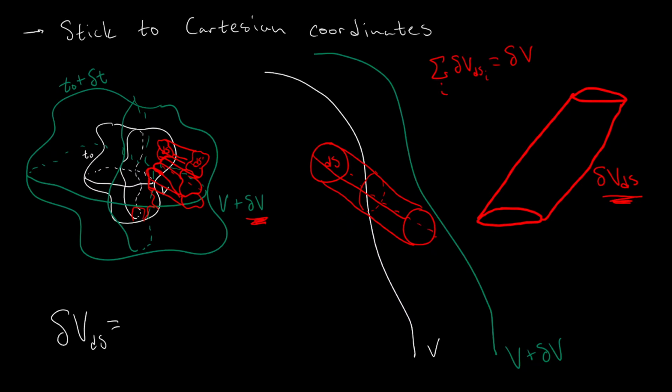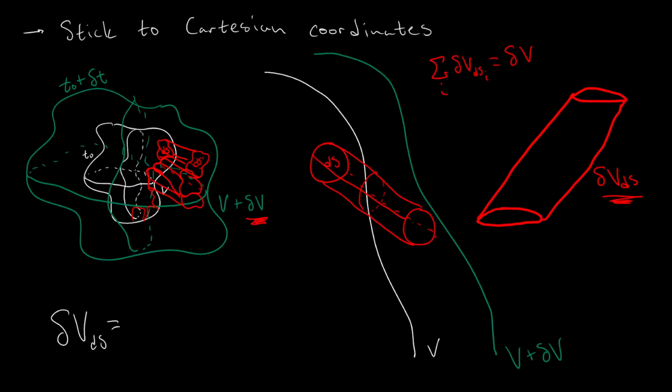Well, for this shape, we just have to take base times the height, that's just the volume of the shape. Because the faces don't change. We've already said that since this is infinitesimal, the area of the faces we're assuming isn't going to change. So then we just have to find the height.